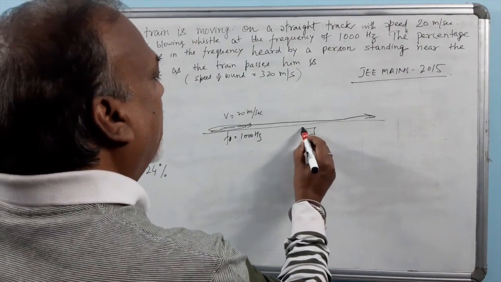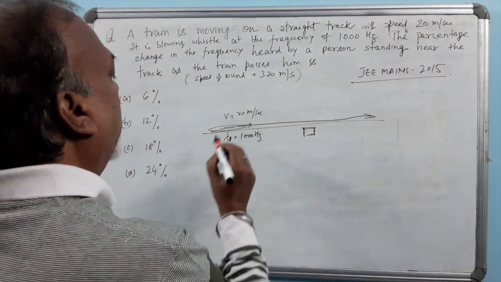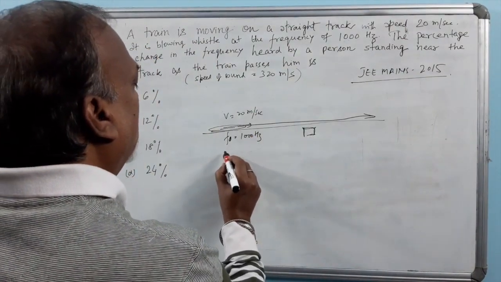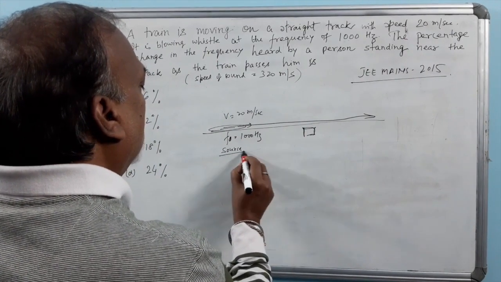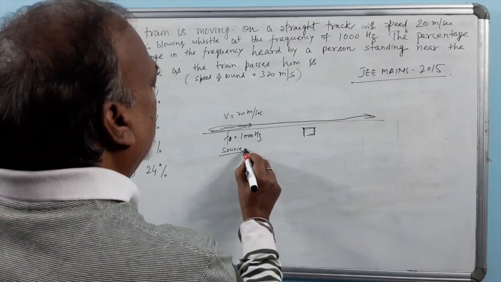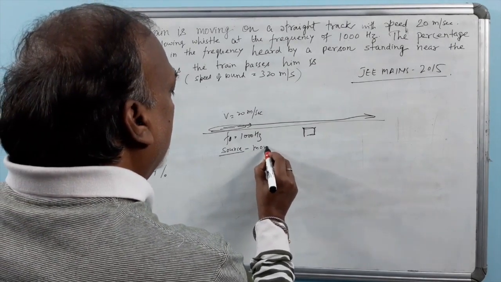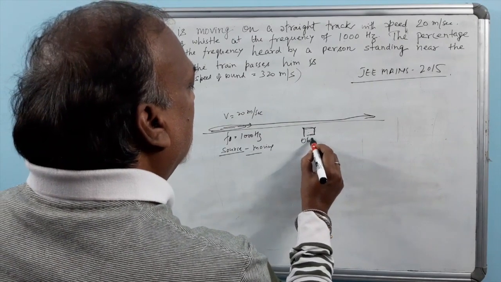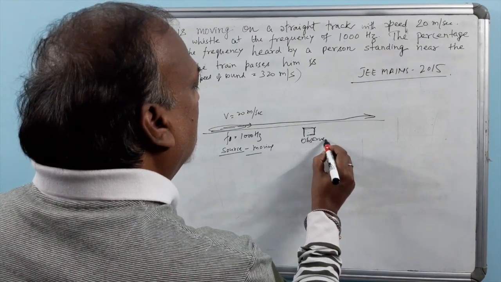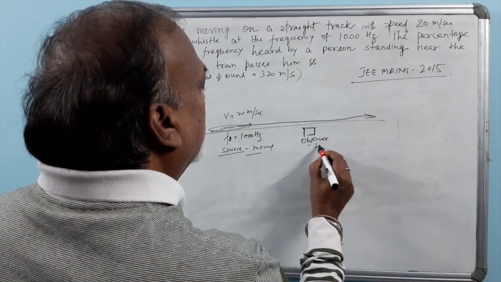So what will happen? Here, basically, the source is moving, and this is the observer, it is stationary.